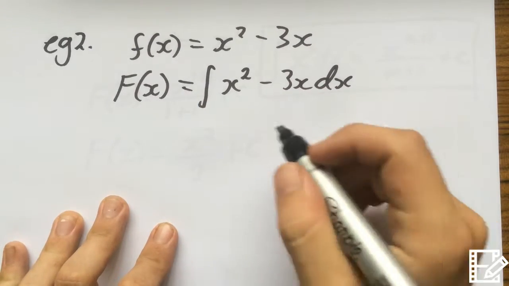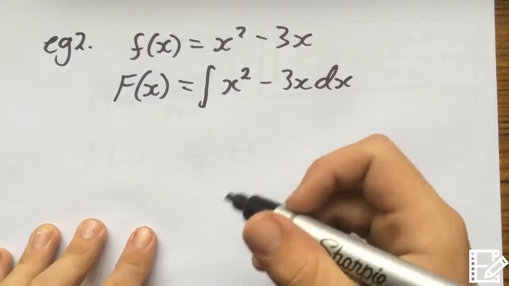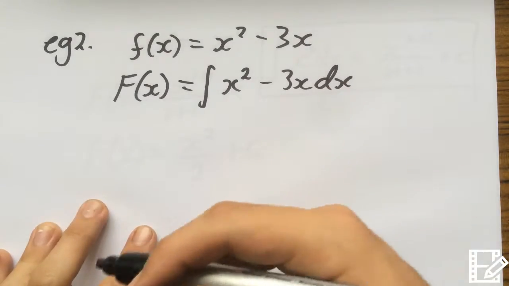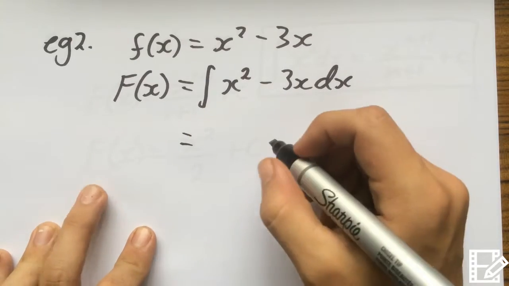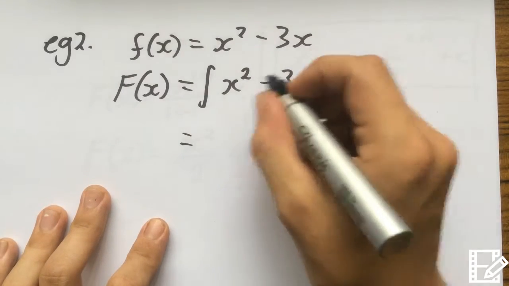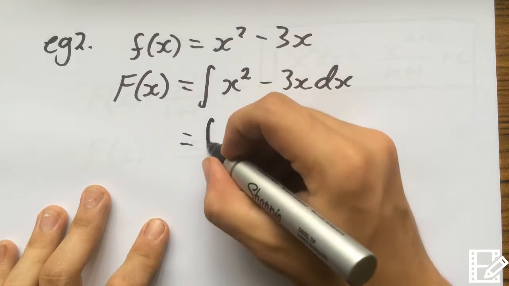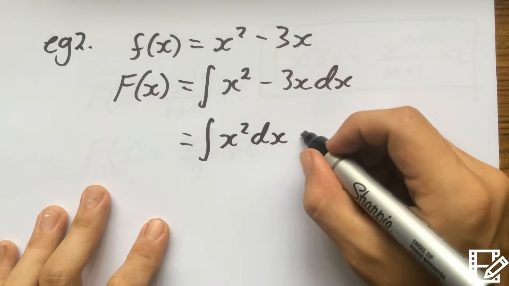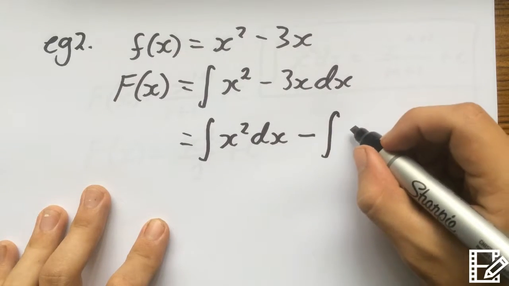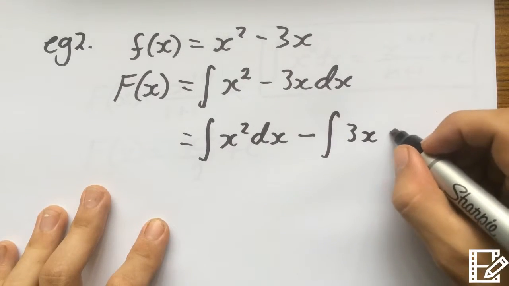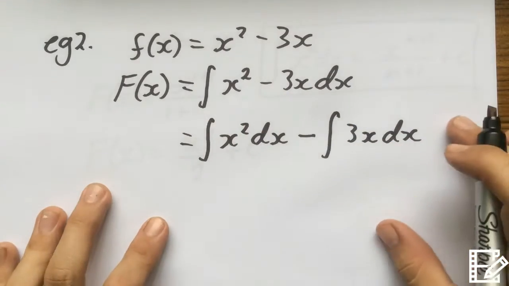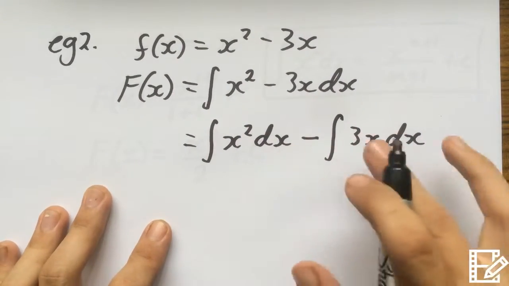Okay, so integration by addition and subtraction, basically they're very similar rules, but we split it up and we have an integral sign and a dx for each separate function, because they're not multiplied together, so we can separate them.